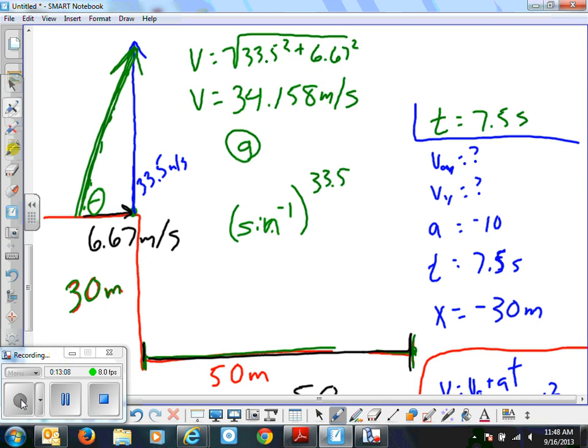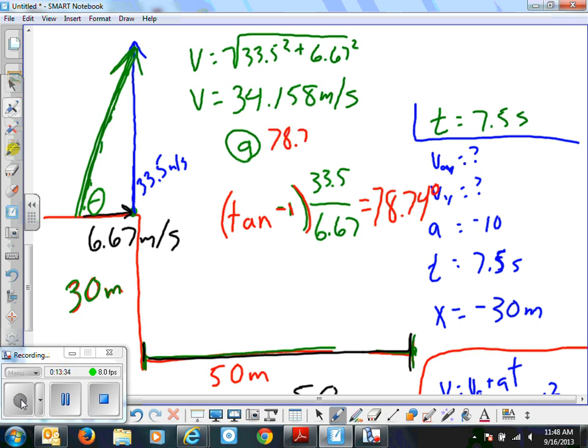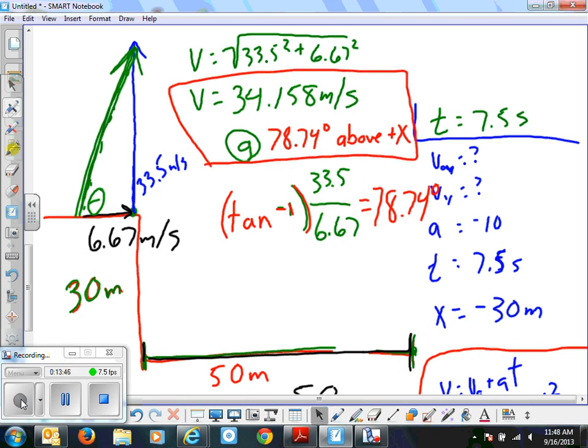Oh, can't do that. I've got to do the inverse tangent, right? Because that's what I have, the inverse tangent of 33.5 over 6.67 equals 78.74 degrees. Okay, so I'm going to put 78.74 degrees above positive x. And that then together is our final velocity. Any questions? Make that final answer, initial velocity. Yeah.